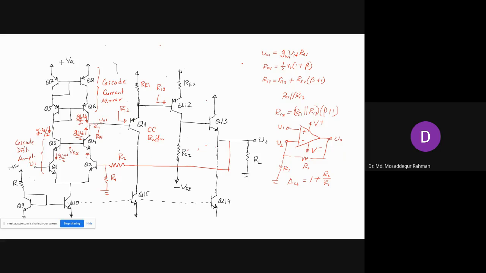Right, so that is how you apply feedback. And the virtual short circuit occurs between V1 and here V2, right? Yes, sir.